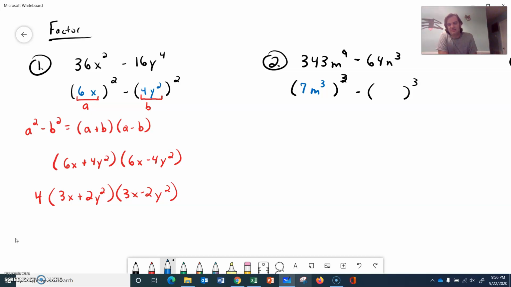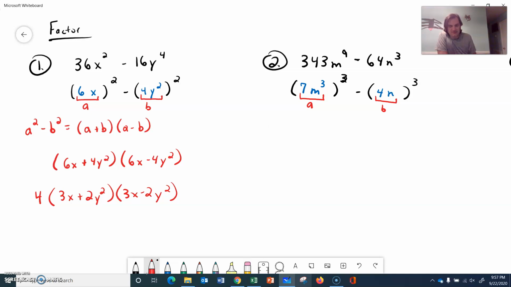Cube root of 64 is 4, and 3 into 3 on the n to the third is just n. So we have 7m cubed, all cubed, that would be our a, and 4n for our b would be 4n cubed.